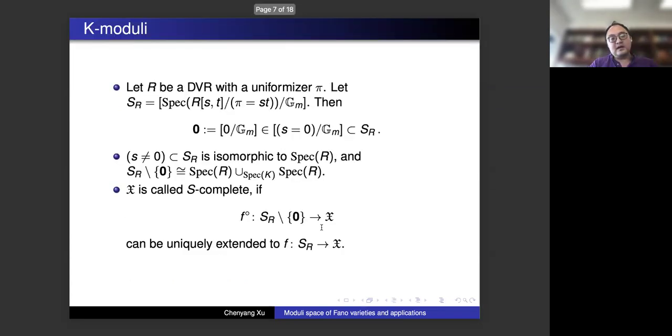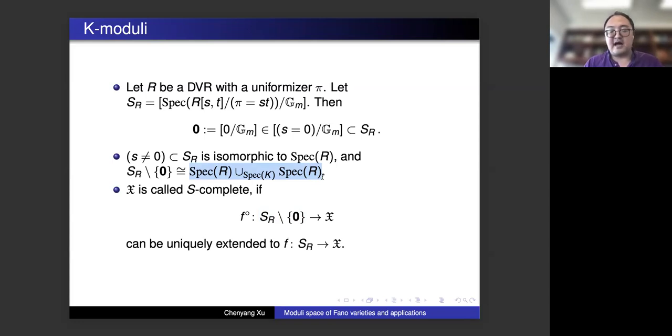Okay, sorry. Here, if you apply this to our theory, let's say I have a family of K-semistable Fano varieties over this object S_R, taking out 0. Using this isomorphism, that just means I have two families of Fano varieties which are isomorphic along the generic fiber, and they're all K-semistable.